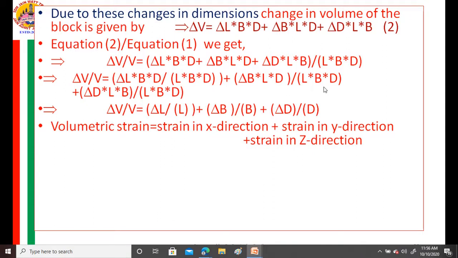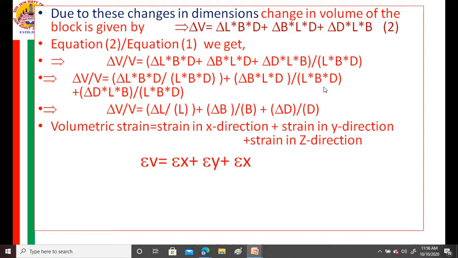Length may not be the linear dimension. That is why I didn't use the linear or lateral strain here, because it is not subjected to the load only in one direction. It is subjected to the stresses on all the three faces. That is why I am using the general term strain in x direction, strain in y direction, strain in z direction. Therefore, volumetric strain epsilon of V is equal to epsilon of x plus epsilon of y plus epsilon of z.